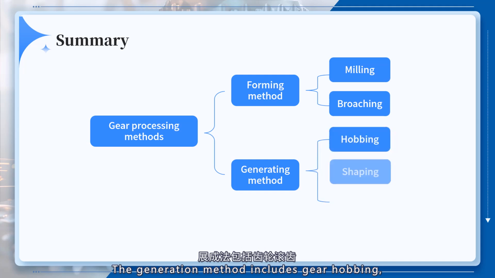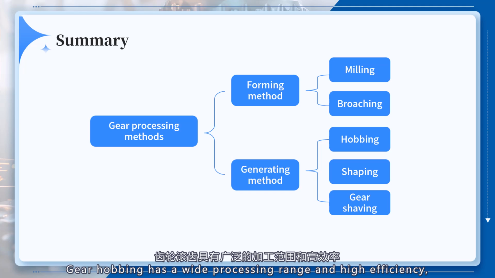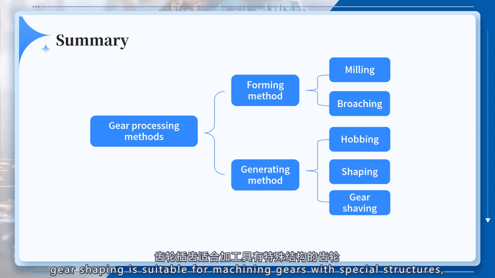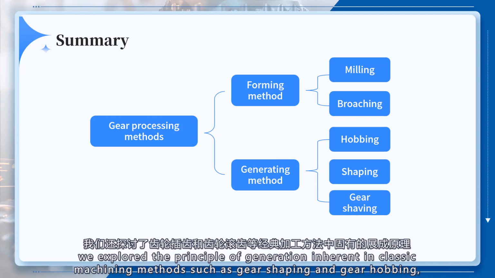The generation method includes gear hobbing, gear shaping, and gear shaving. Gear hobbing has a wide processing range and high efficiency. Gear shaping is suitable for machining gears with special structures, and gear shaving is a finishing method.